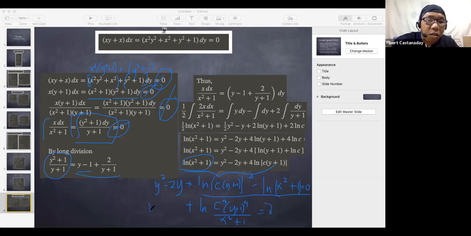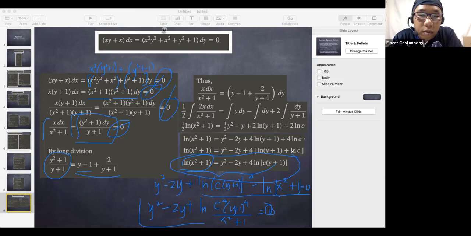You just copy this one, y squared minus 2y. Okay, so that's it. So you can have an answer like this, or you can have an answer like this one. Any question? Question? None?